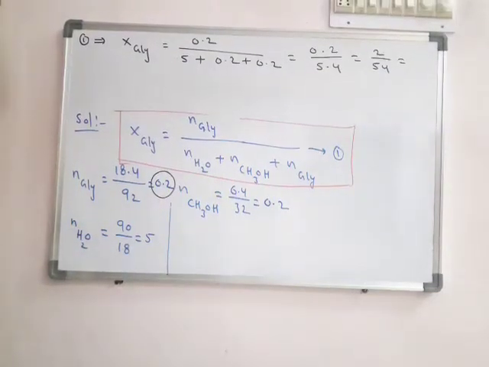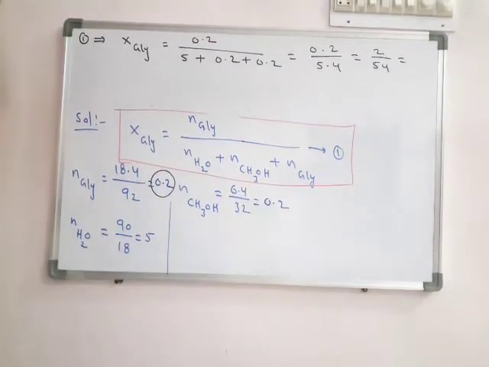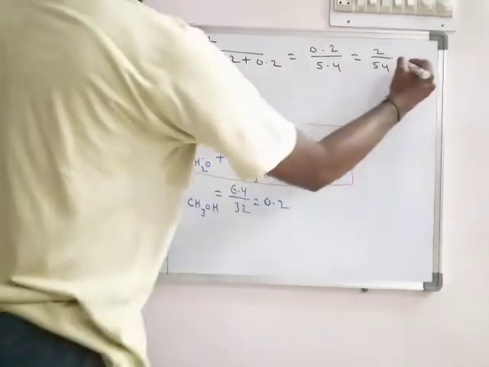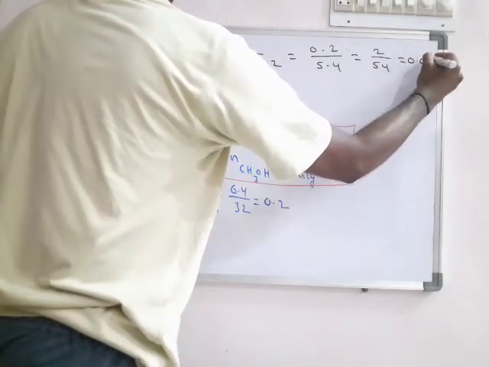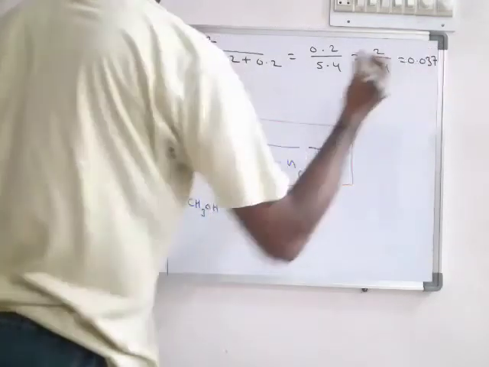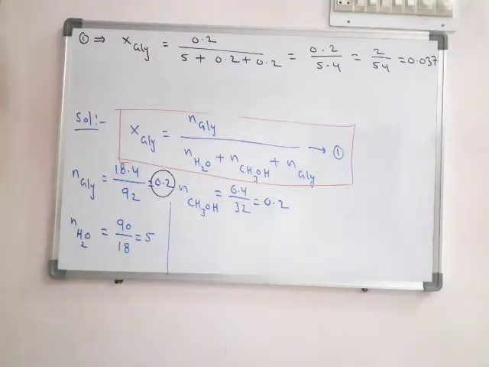So on this calculation we will get 0.04, that is 0.037 approximately. So this is the mole fraction of glycerol. Very less amount is present. Okay, write down.